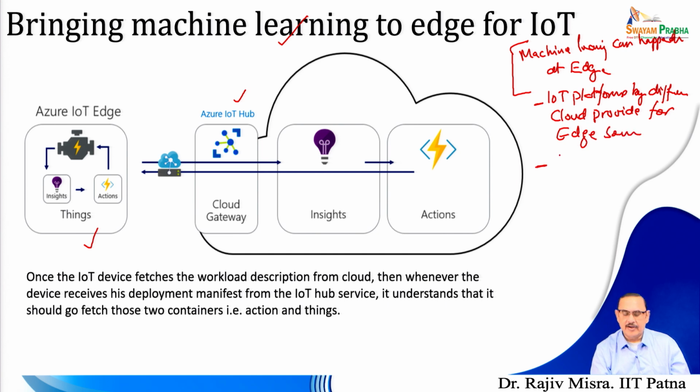One such important service is called Azure IoT Hub. So, let us see that this particular cloud is, let us say, a Microsoft cloud called Azure, and this is running the Azure IoT Hub service.